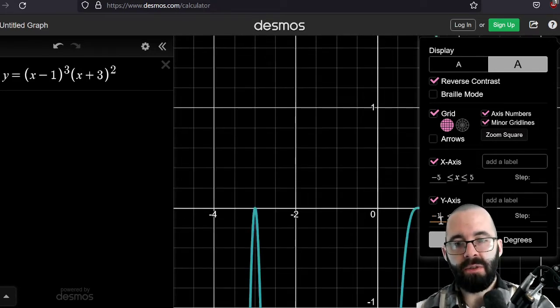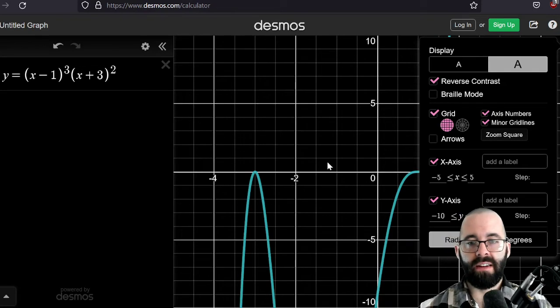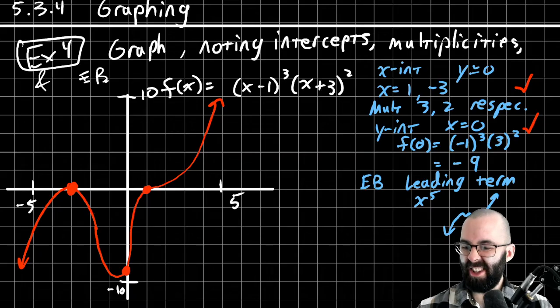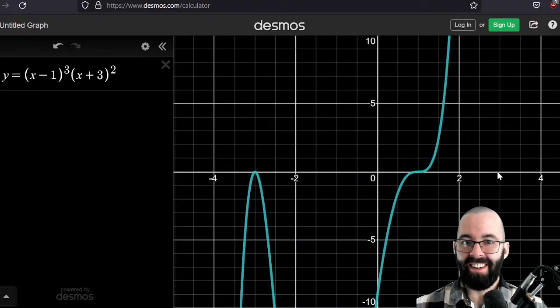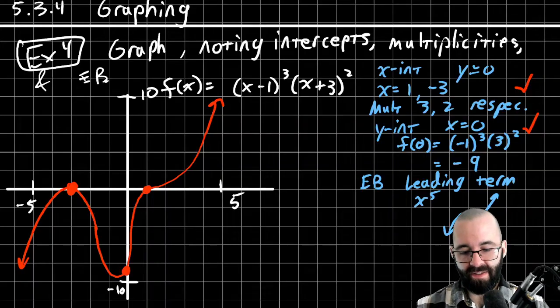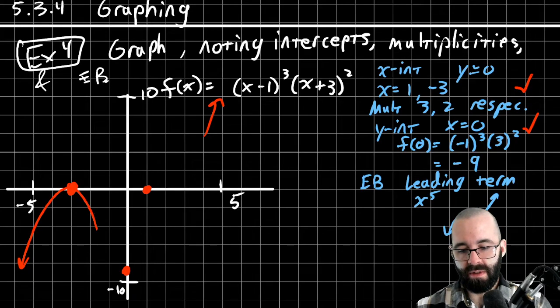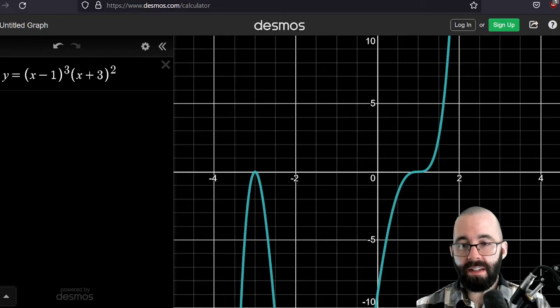And for y, we're looking from -10 to +10. So they look kind of similar. What's the difference? So our zeros are right. Whoa. Our end behavior is right.